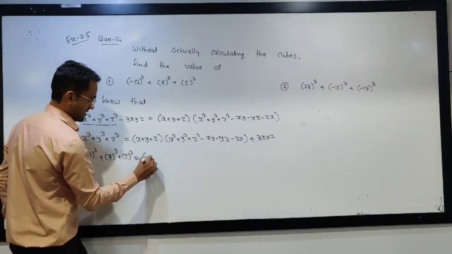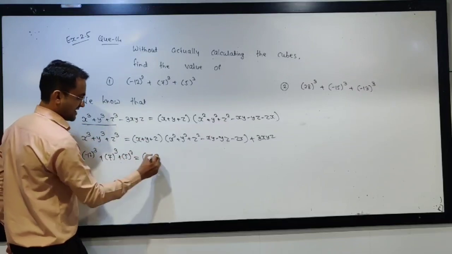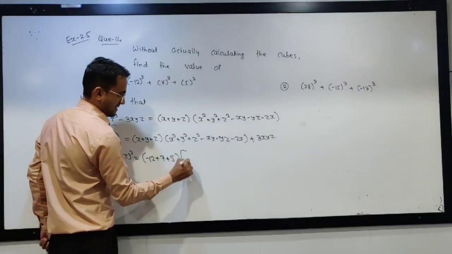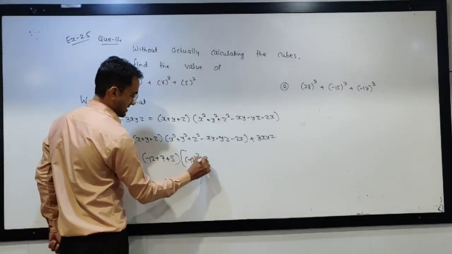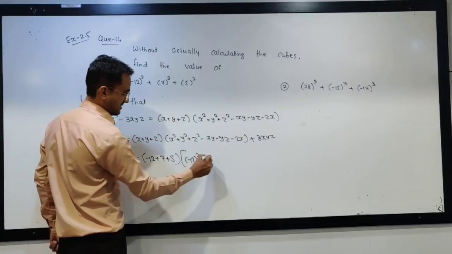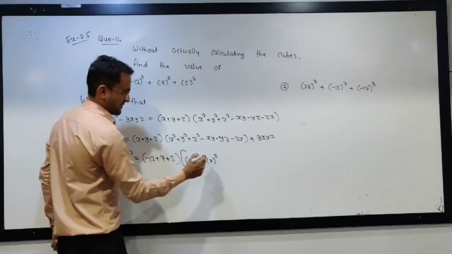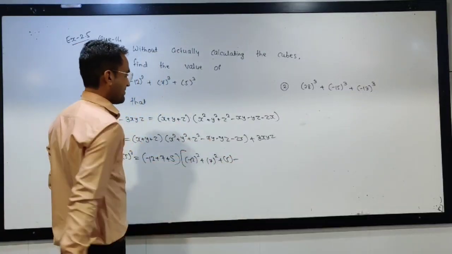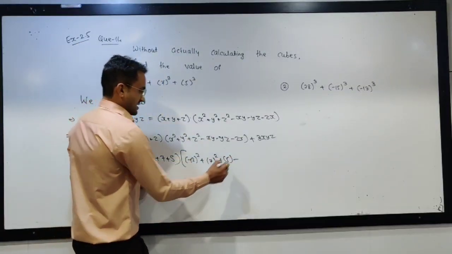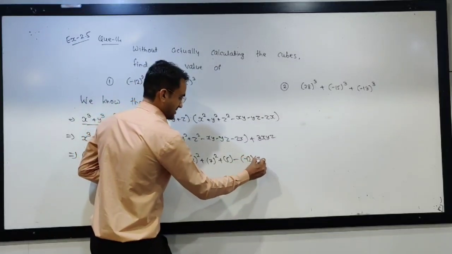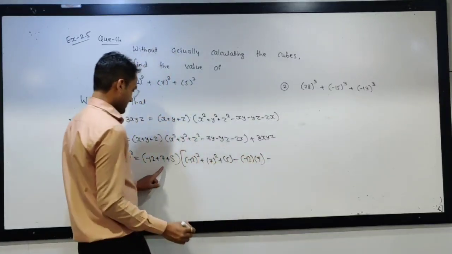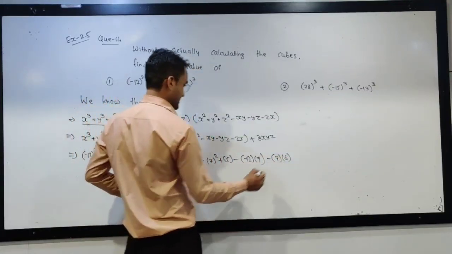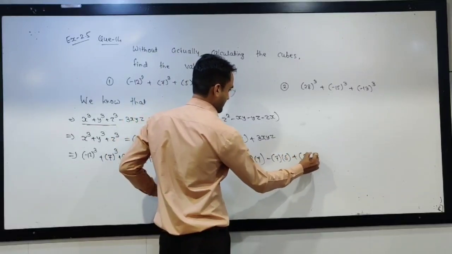So here minus 12, x means minus 12, y means 7 and z means 5. Here minus 12 square, y means 7, z means 5, minus xy means minus 12 times 7, yz means 7 times 5, and zx means 5 times minus 12.